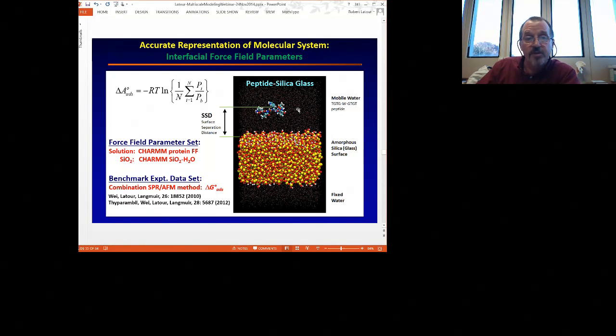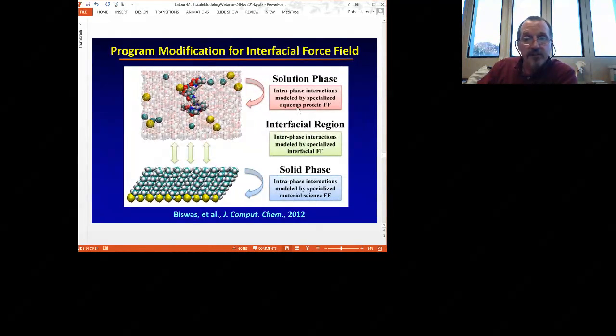So our approach to solving this problem is to introduce this interfacial force field and modify the CHARMM program to let us use it as an independent force field that's controlling whenever an atom of the solution phase is interacting with an atom of the surface phase. It'll use this separate set of non-bonded parameters to control those interactions, while we're still using the regular CHARMM parameters to handle the peptide behavior in solution.